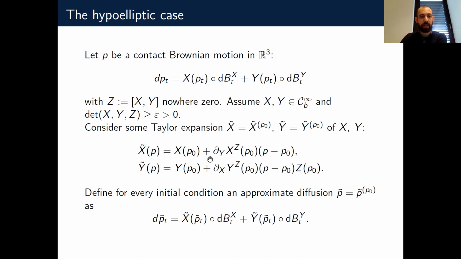I expand my X around P0. Actually, I just need the derivative of X in the direction of Y, because I just need the Lie bracket in the direction of Z. So I just need the derivative of X in the direction of Y. And I'm just taking the component that actually lands against the plane. Same thing for Y. Sorry, there's no Z right here.